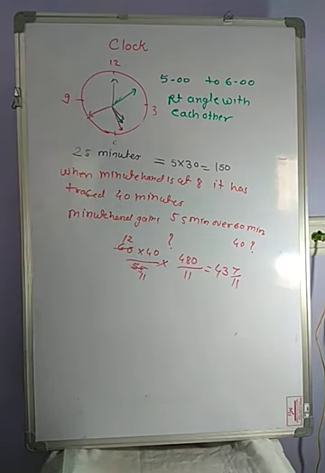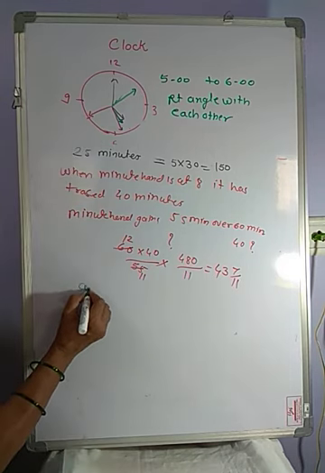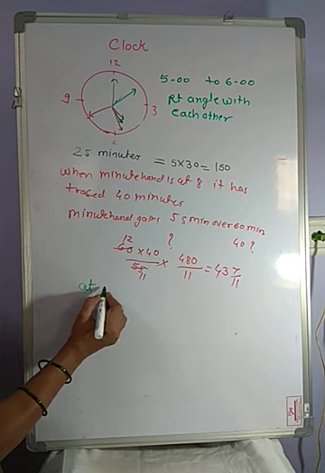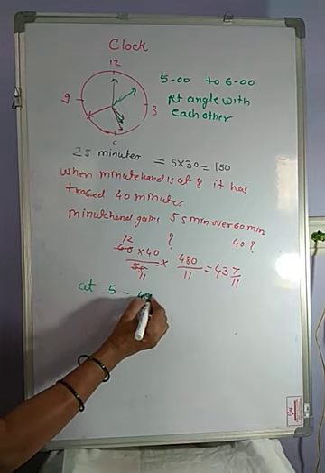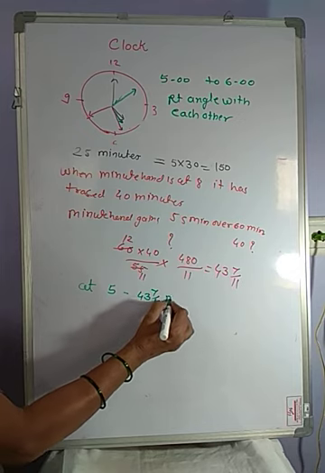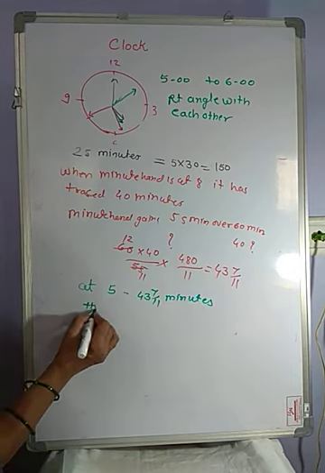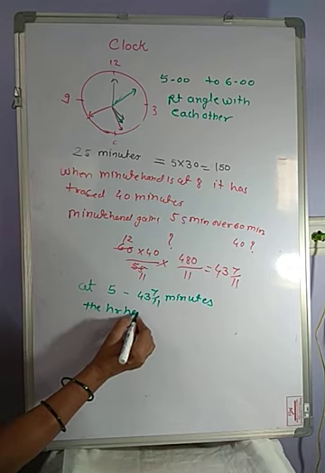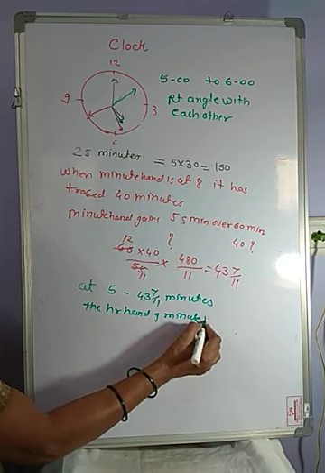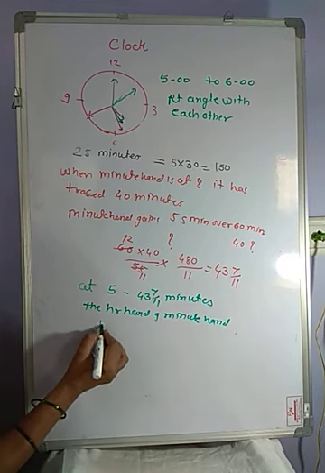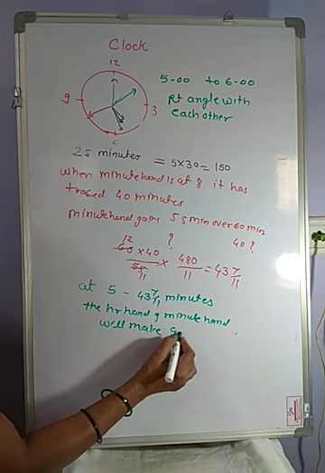So add 5 hours 43 and 7 by 11 minutes. The hour hand and minute hand will make a 90-degree angle.